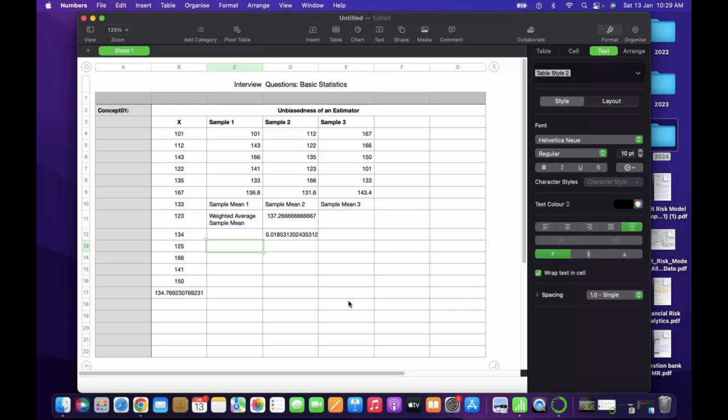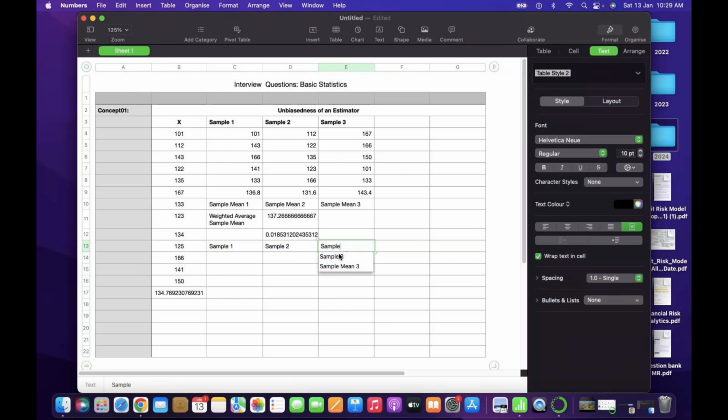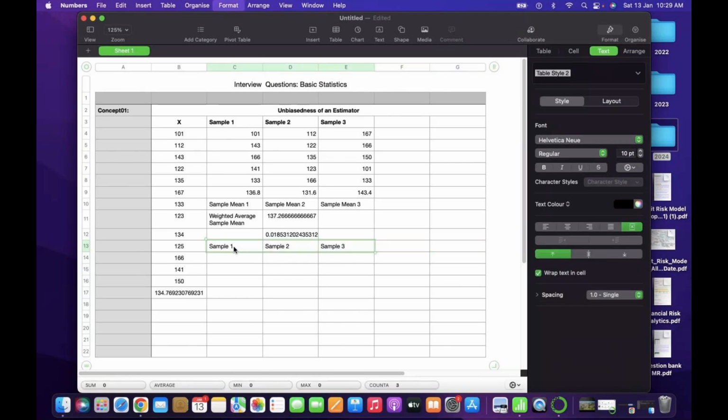Okay, so to explain this, let us relook into sample 1. So this is sample 2, this is sample 3, right? So I will take these records and I will put it here. Now I'll add a few more records.